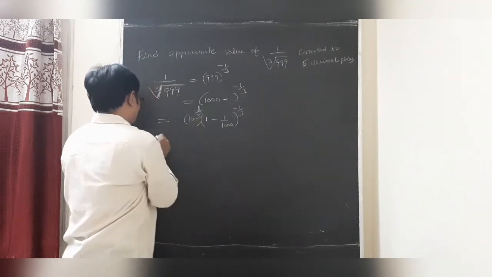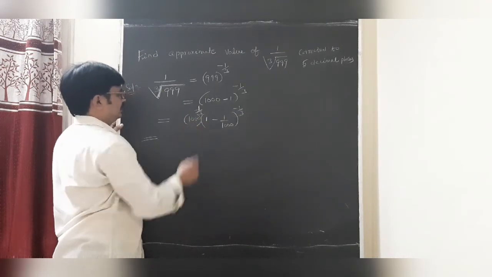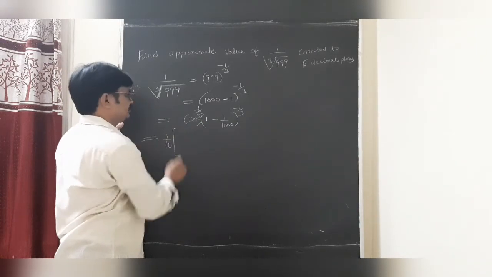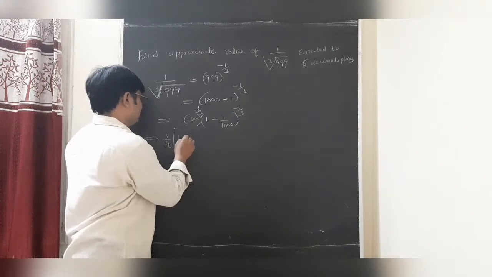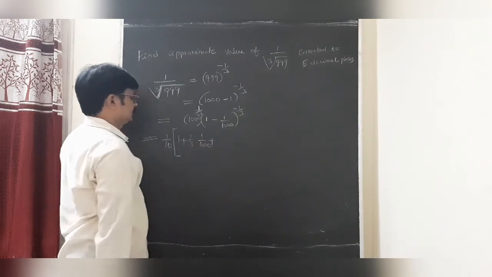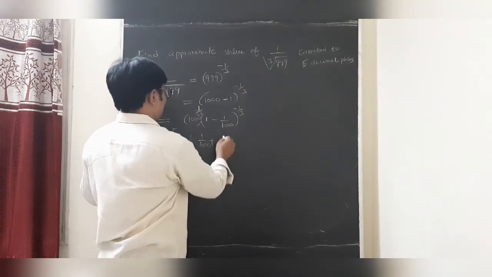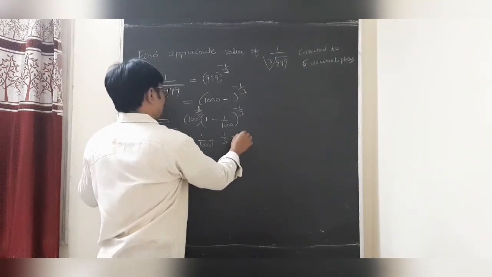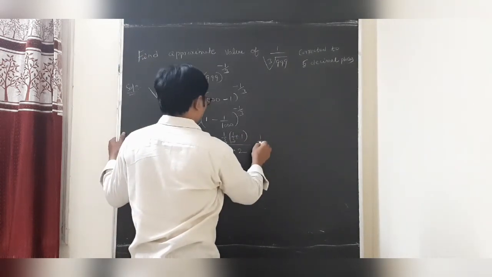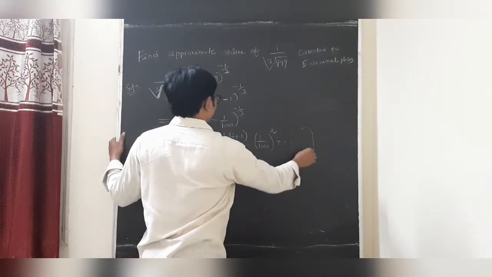This is also whole power minus 1 by 3. This is the students, 10 cube. Yes, this is 1 by 10. Dear students, how can you write this: 1 plus 1 by 3 into 1000, nx. After that, students, this is the x, this is n. After that, 1 by 3 n into n plus 1 upon 1 into 2, 1 by 1000 whole square, and so on.